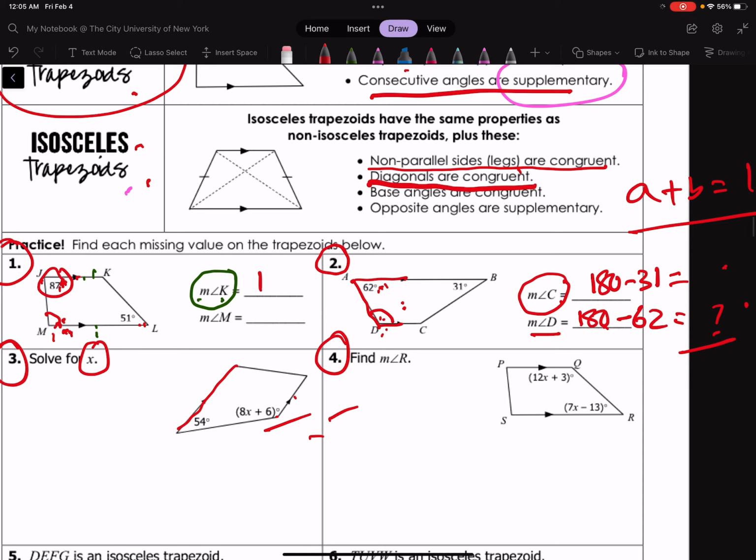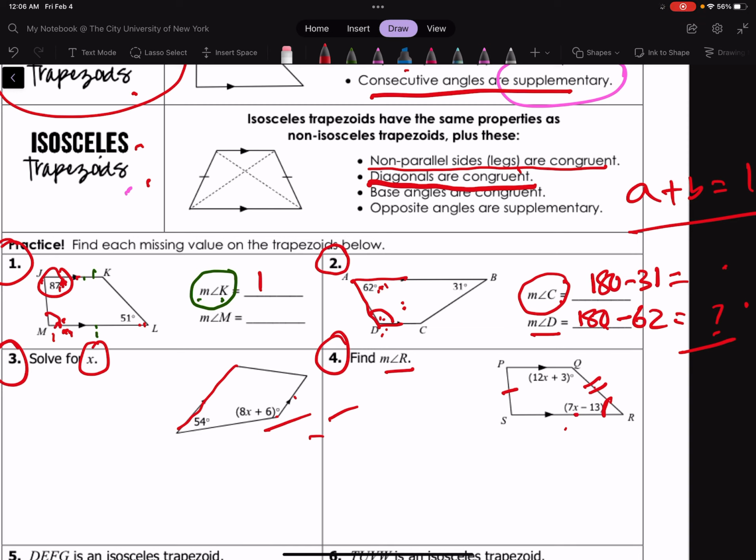This is still a trapezoid with non-parallel sides that are not congruent. I need to solve for R, this angle. So I need to get X. What should I do?